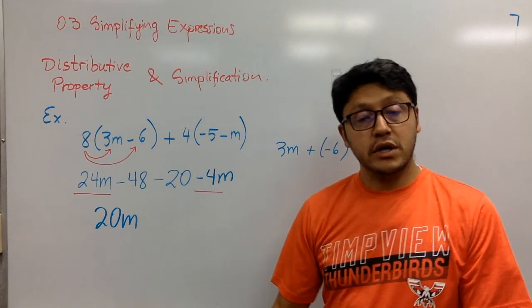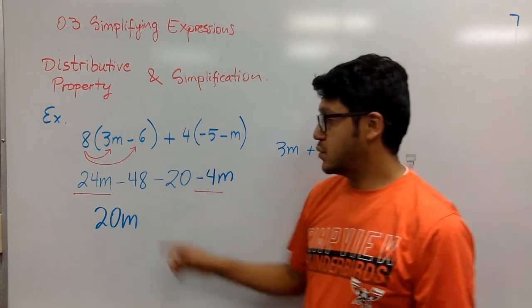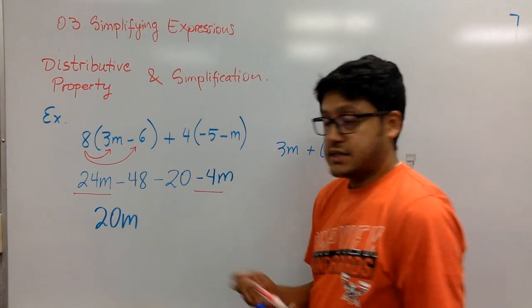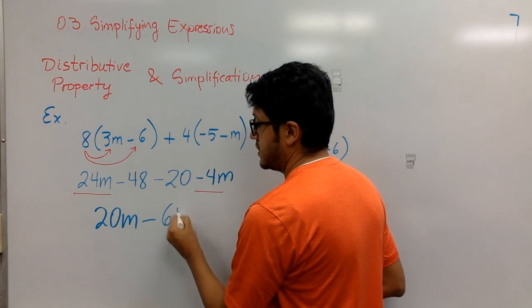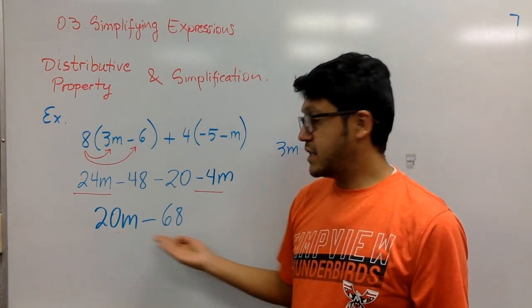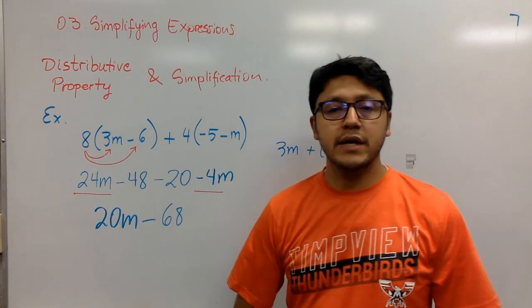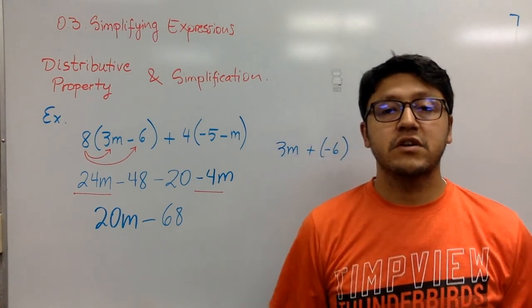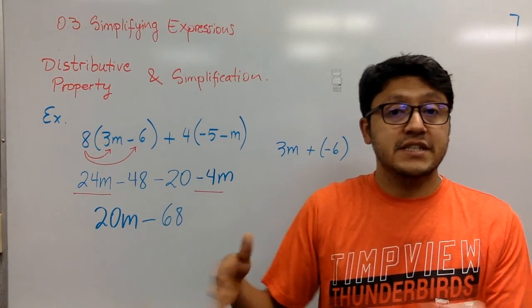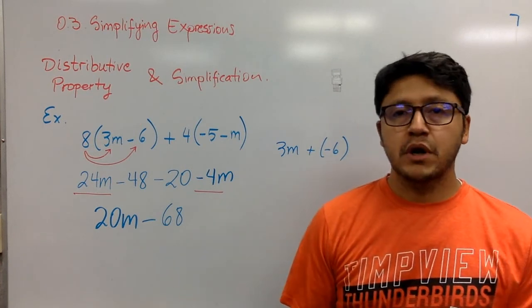Consequently, now we're going to take a look at the constants. We have -48 minus 20, that's going to be -68. And this is the result because we cannot combine these two, all right? Keep that in mind and be very careful as you finish the process. And then if you cannot go any further, that's the simplest form of that expression.